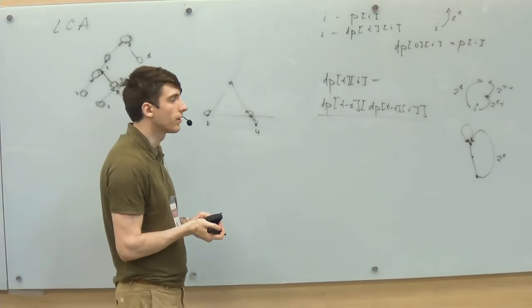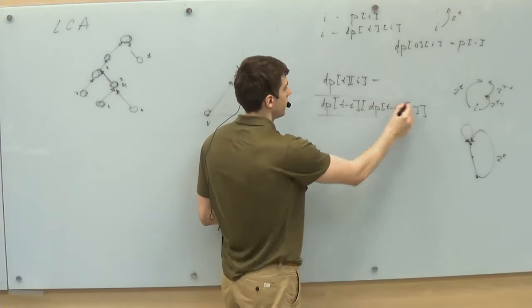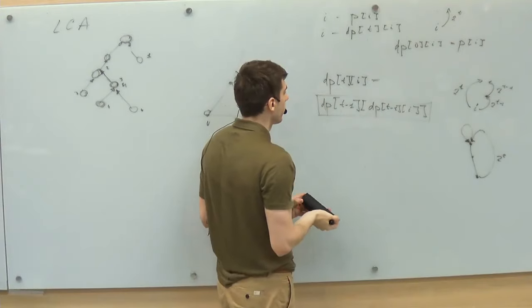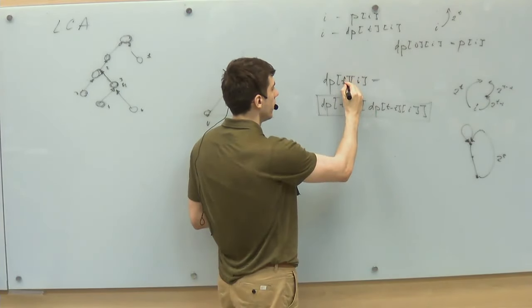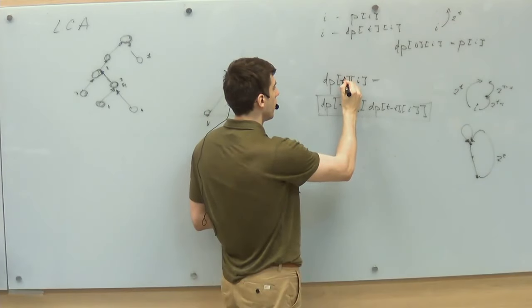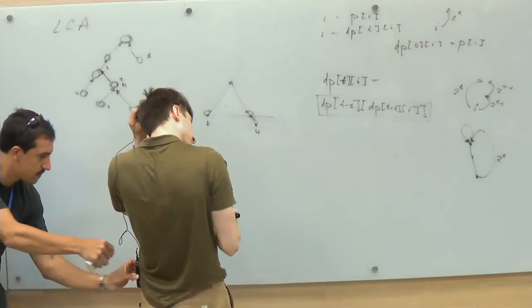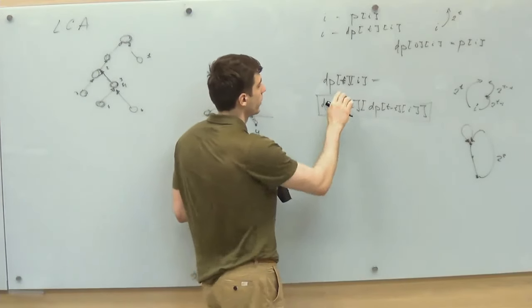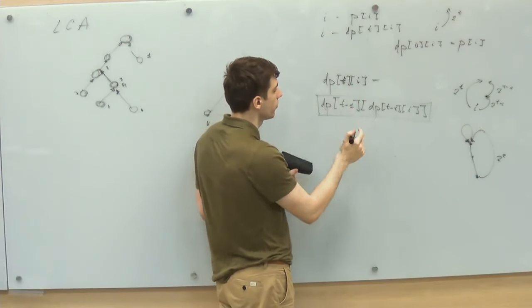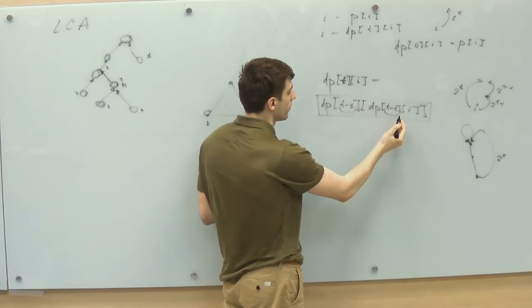I'll try to speak louder. To provide that usage of this formula will always be correct, we'll just need that when you calculate for some specific t, you should have already calculated for all smaller t.